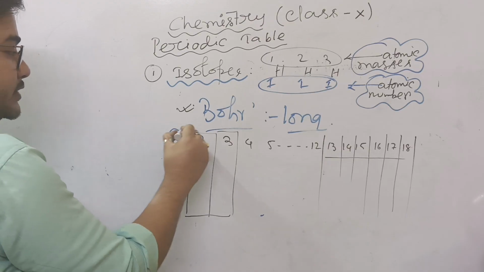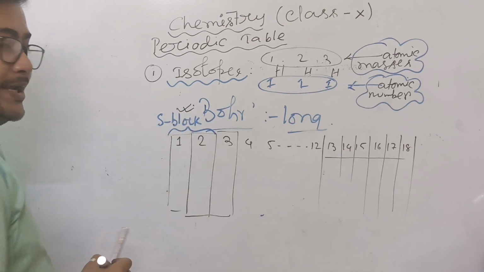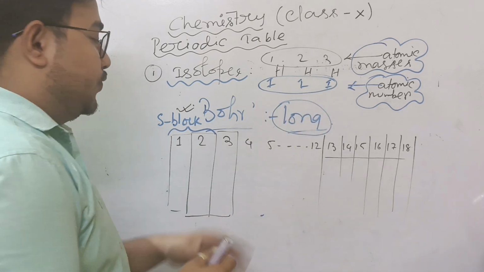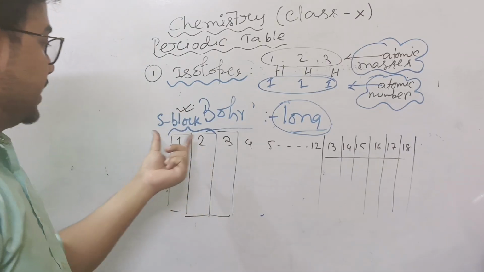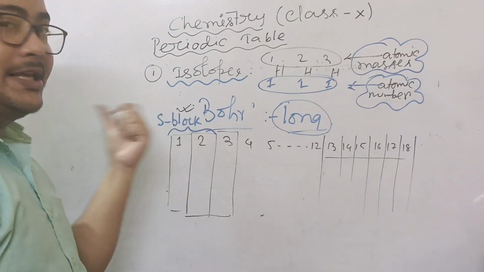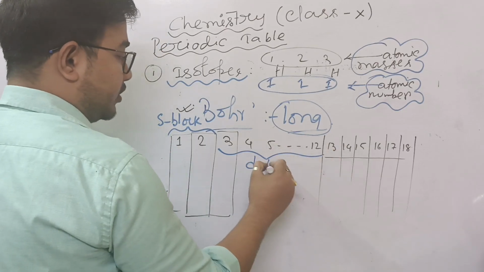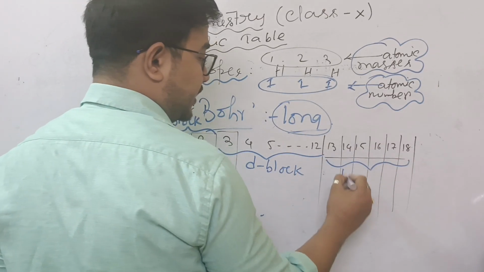Okay. The first 2 are under the S block. Keep in mind that in the long periodic table we have a total of 4 blocks. Right now we discuss 3 blocks. The first 2 columns are under S block, 3 to 12 under D block, and 13 to 18 under P block.